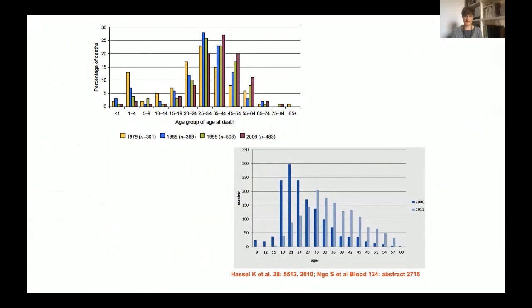that have been introduced, especially in the pediatric population, have allowed improved survival of sickle cell patients from pediatric age to adulthood, as you may see in these two cohorts of patients, one in North America and the other in France, the Cretel cohort of patients with sickle cell disease.